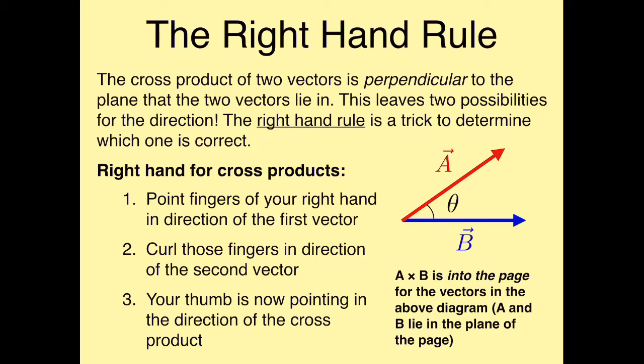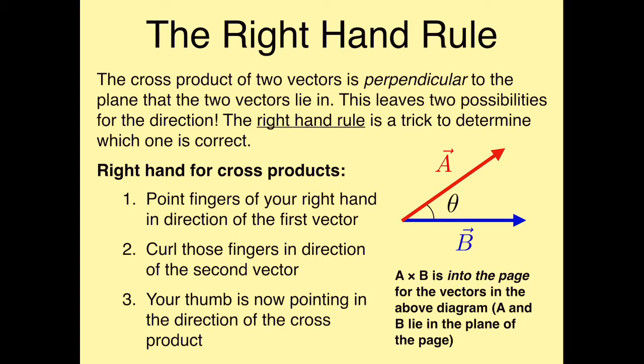This is how the right-hand rule works for cross products. You start by pointing the fingers of your right hand in the direction of the first vector. Then you curl the fingers of your right hand in the direction of the second vector. After you do that, your thumb will be pointing in the direction of the cross product.